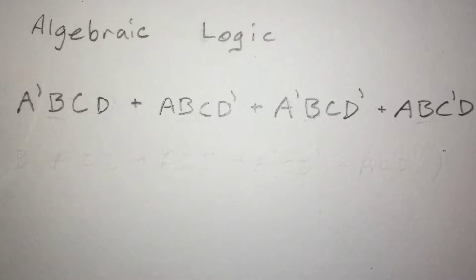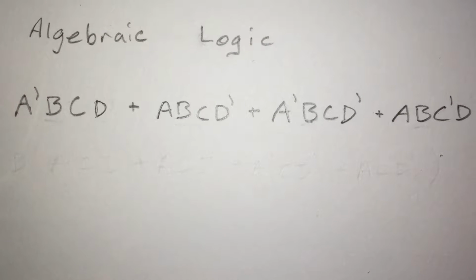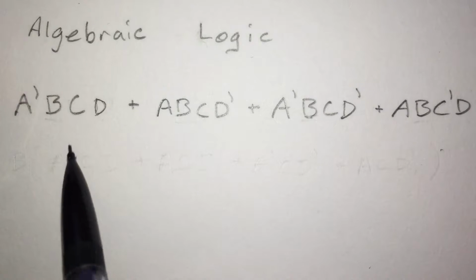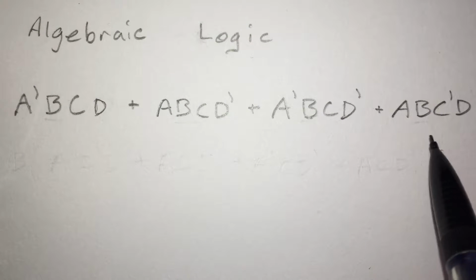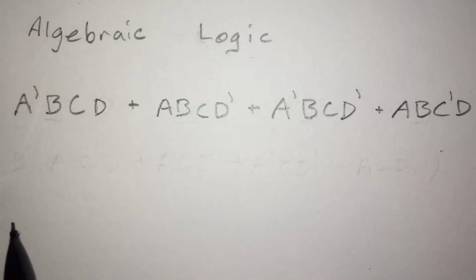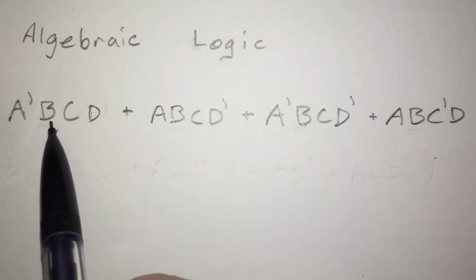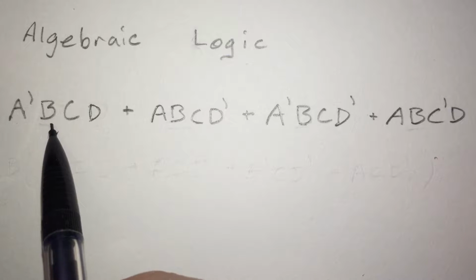So suppose you're sitting in a second year digital systems class and your professor on the exam asks you to reduce this logically. So what you want to do right off the bat is look for the most well-distributed term.